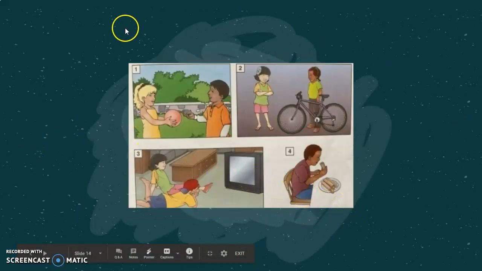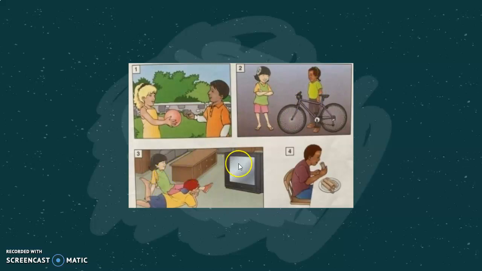Ok, aquí hay unas escenas. Escena número 1. Livia juega con la pelota en el parque con Alan. Okay, there's a number of ways you can say this. Número 2. A Isabel le gusta la bicicleta violeta de Rosa. Muy bien. Número 3.